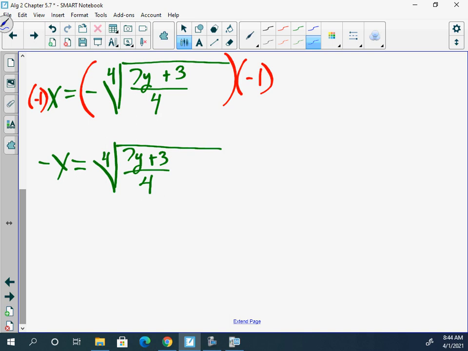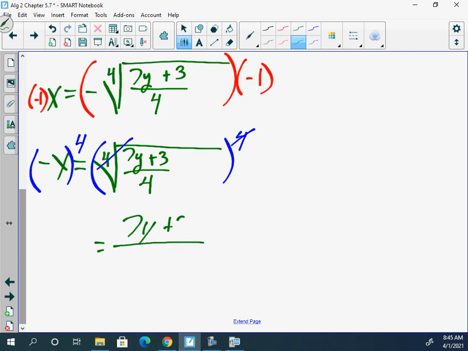So what do we need to do to both sides? Since we have a radical. Because how can I get rid of a fourth root? I have to put both sides to the fourth power. Because a fourth root and fourth power will cancel. Which on this side here will leave me with 7y plus 3 divided by 4.